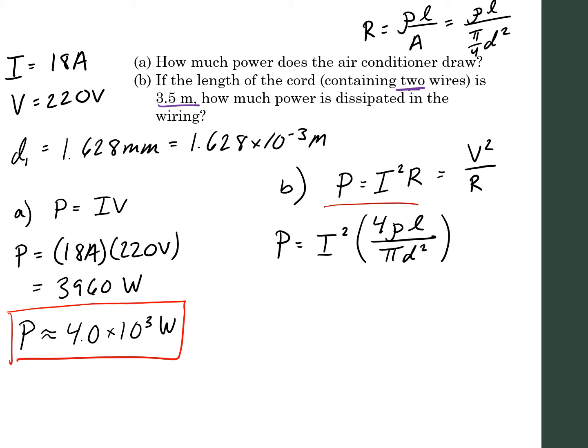So I'm going to multiply this by 2 because I'm using L as 3.5 meters. If you want to say that the length is a total of 7 meters, you do not need to include the 2. So again, this is a place where you have to make a conscious decision as to how you would like to approach some of this math.